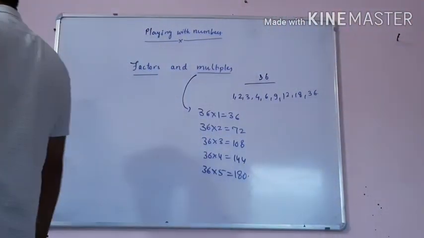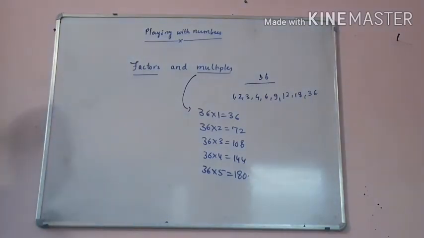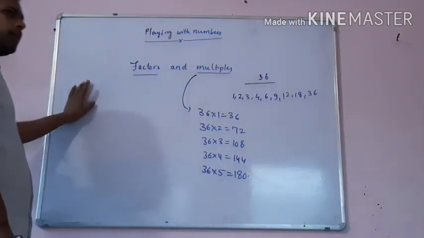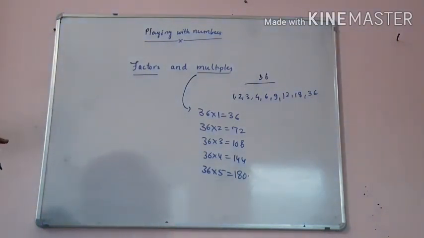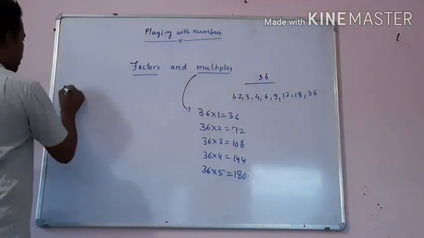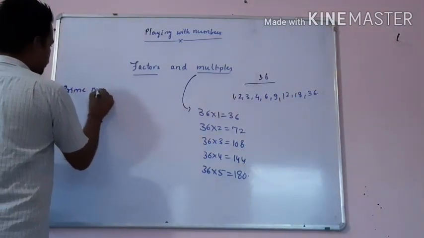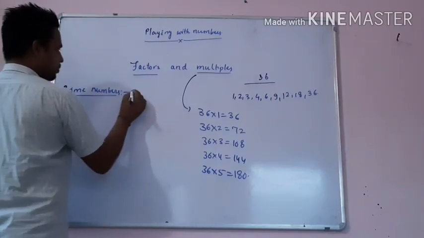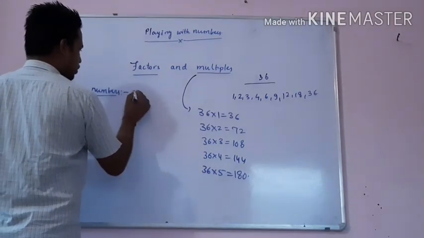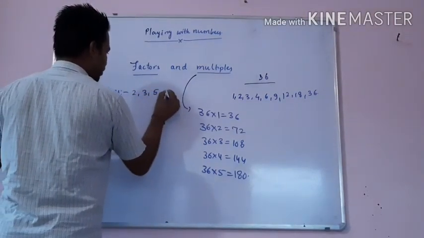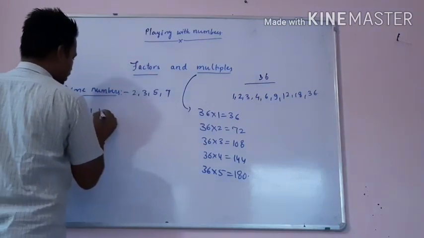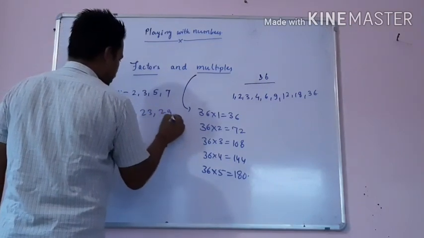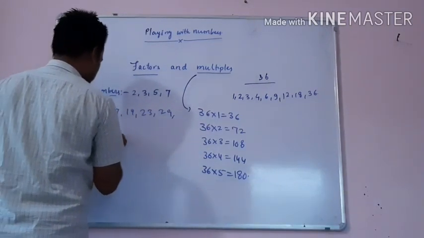Suppose a number has only two factors: the number itself and 1. Then that number is a prime number. So, what are prime numbers? For example, 2, 3, 5, 7, 11, 13, 17, 19, 23, 29, 31, and so on.